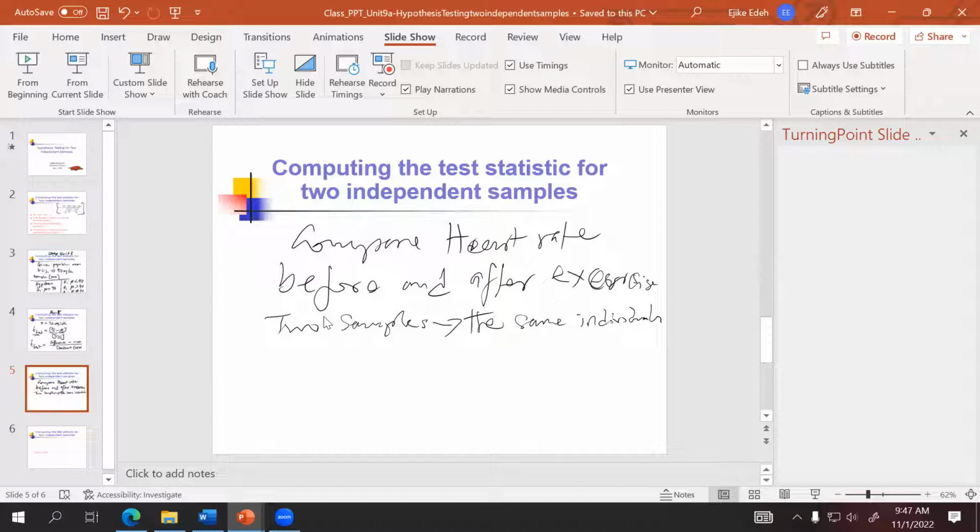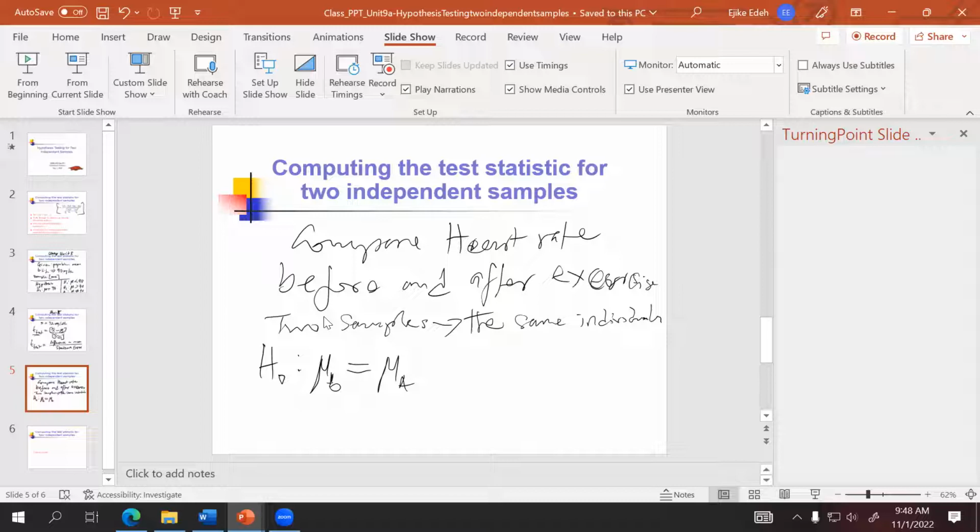Okay, so the hypothesis statement here will go this way. The null here will be that we are comparing the heart rate we took before, let me use a B here, with the heart rate we took after. But these two are coming from the same individual, so they are paired, right?